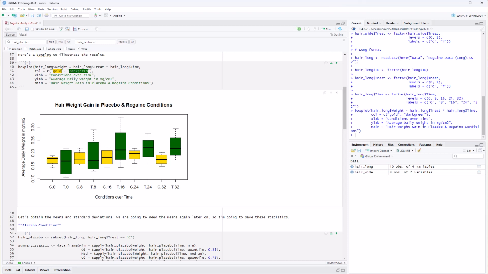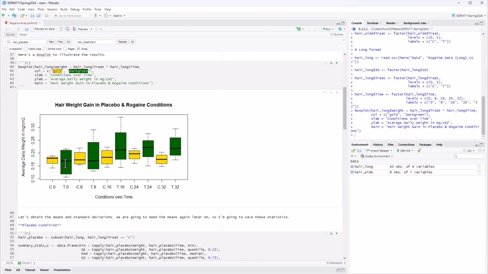Also notice that the box plots could be a little bit misleading here because behind the scenes, what is within each box plot? 4 women, just 4 measures. So this box plot, in which we're looking at minimums, quartiles, medians, and so forth, is based on just 4 women's scores. But I do see that there's more variability in the Rogaine group than in the control or placebo group.